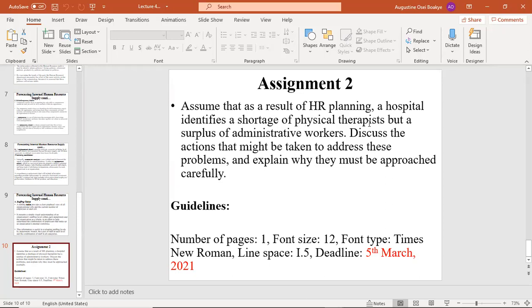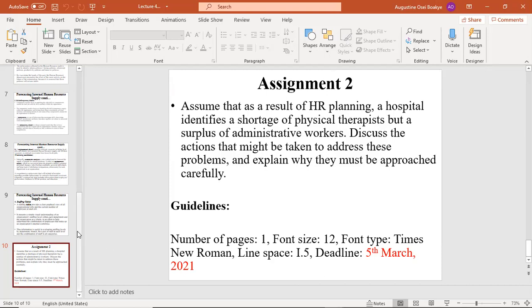But with respect to the physical therapists, in future you are going to have some of them leave the organization, perhaps through retirement, voluntary turnover, or any other means, and you are not going to retain them. So how do you resolve it? That is basically what I'm expecting from this particular assignment.